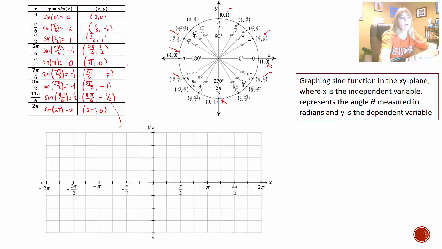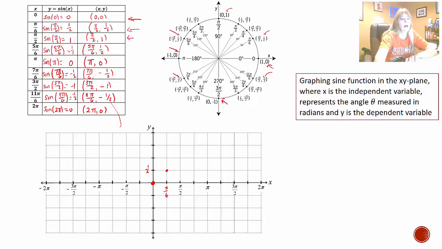So now what I want to do is plot these points. I can plot 0, 0. Let's call each one of these a half. So now I'm going to plot pi over 6 and a half.